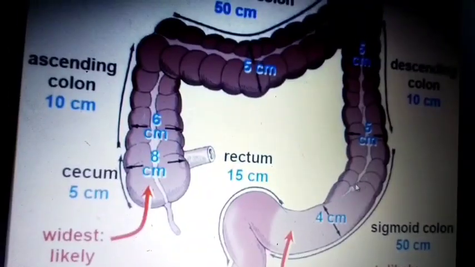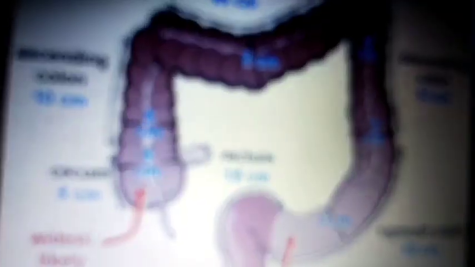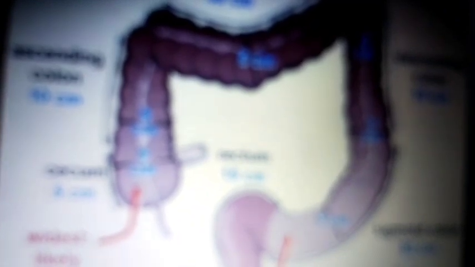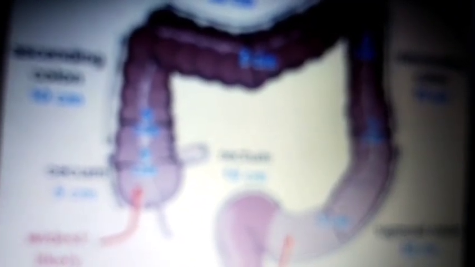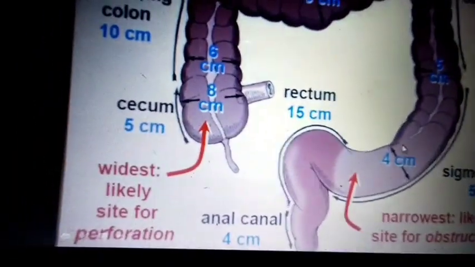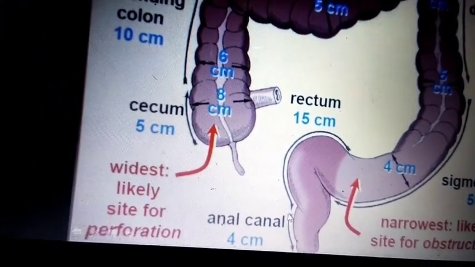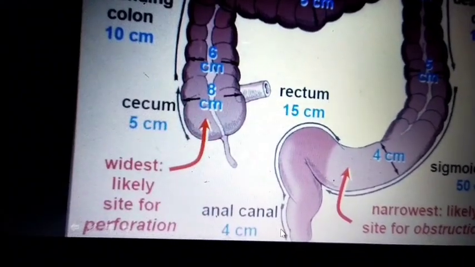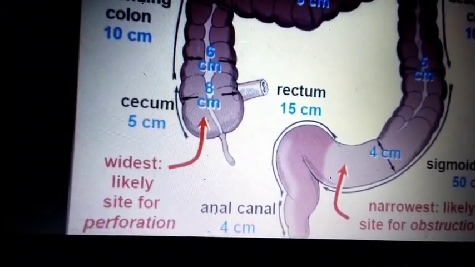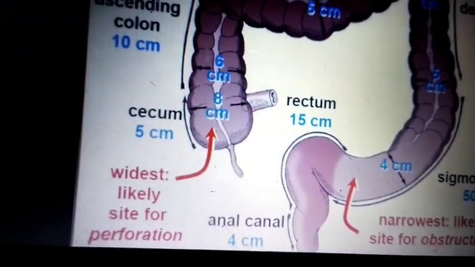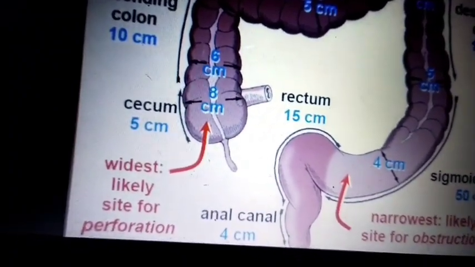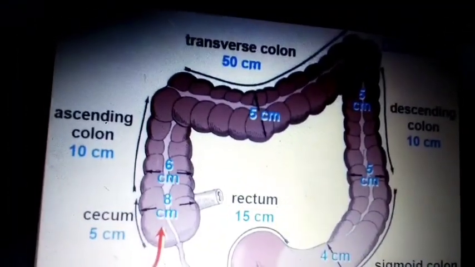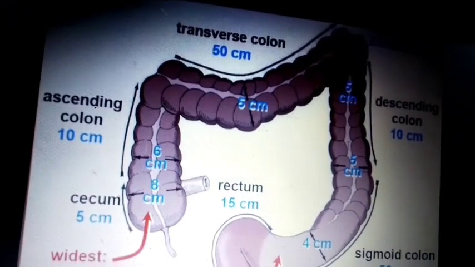Sigmoid colon, this is 50 centimeter in length and 4 to 5 centimeter in width. Rectum, it is 15 centimeter in length, and anal canal, it is 4 centimeter in length. These are the diameter and length of the large intestine.